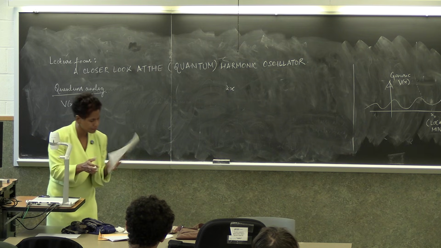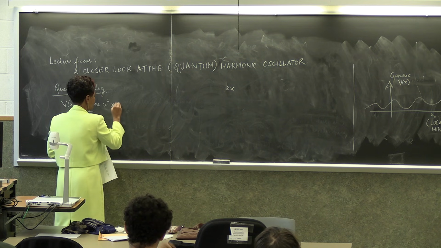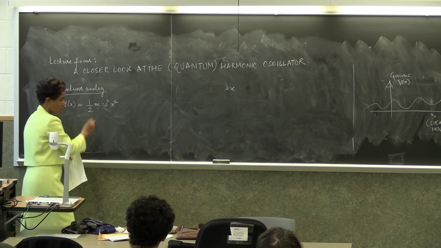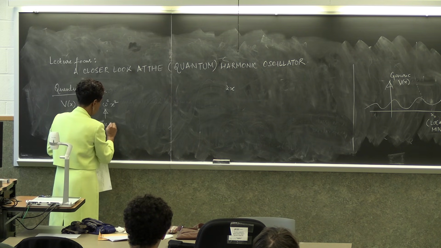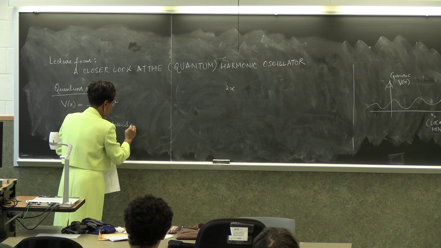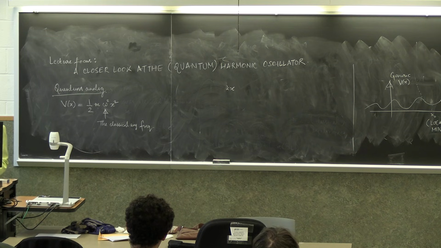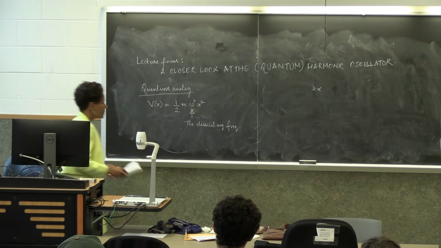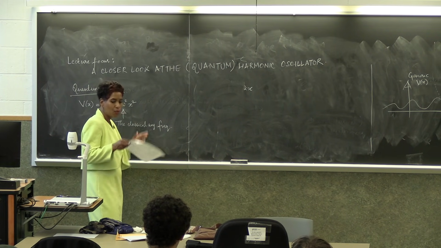This is how I want it. M is mass, of course. Omega is now to be understood as the classical angular frequency. It's just notation, because you may not always have a spring connected to a mass as the physical instantiation of the potential. Okay? So this is just setting up our language to talk about this harmonic oscillator now within the quantum framework.